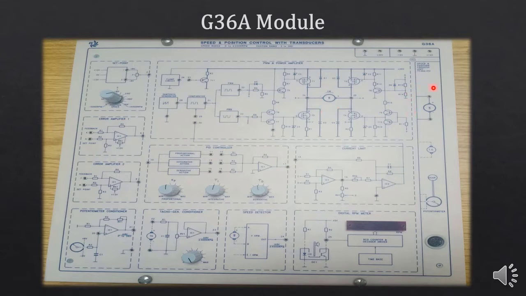You can attach the motor here. Here is a potentiometer conditioner and this is a tachogenerator conditioner. The purpose of the tachogenerator is basically to convert the motor shaft rotation into speed. Here is the speed detection block, and from here you can read the RPM of the motor. You can attach the motor at this point here.